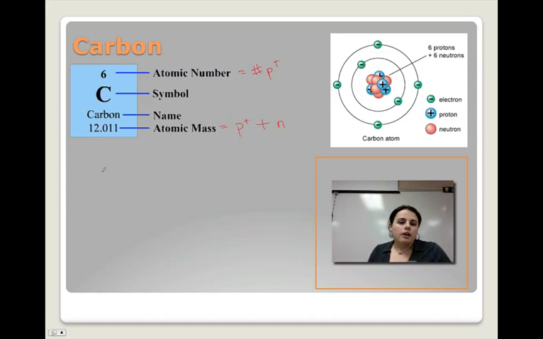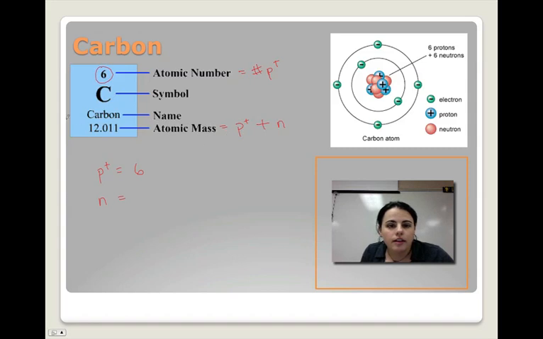So I'm going to have you do a homework assignment about figuring out the number of protons, electrons, and neutrons looking at a certain atom. If you're trying to figure out the number of protons in carbon, you look at the atomic number. There's 6. If you're trying to figure out the number of neutrons in carbon, you have to do a bit of math.